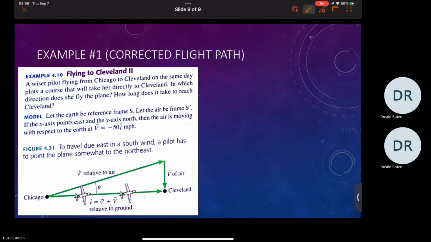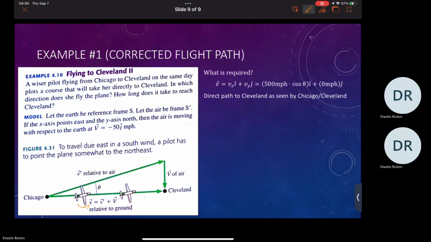So the question is, how does she have to fly her plane to correct for the wind, and how long does it take to reach Cleveland? We can model this just like in the last problem. The idea is that we need to turn the plane a little bit, rotate it, fly into the wind, and that's going to cancel out the effect of the wind.